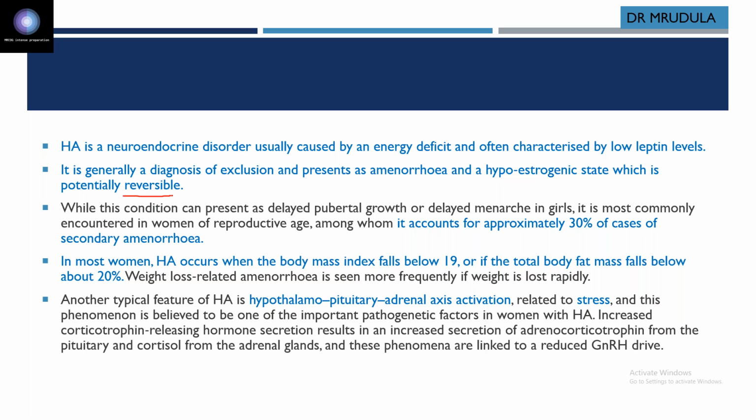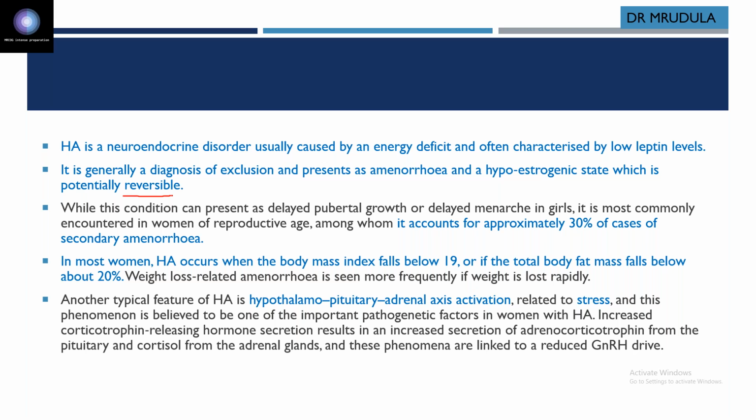Remember well, this condition can present as primary amenorrhea with delayed puberty and delayed menarche, but usually it presents with secondary amenorrhea. Hypothalamic amenorrhea is responsible for 30% of cases of secondary amenorrhea. It occurs with weight loss, nutritional disorders, or eating disorders.